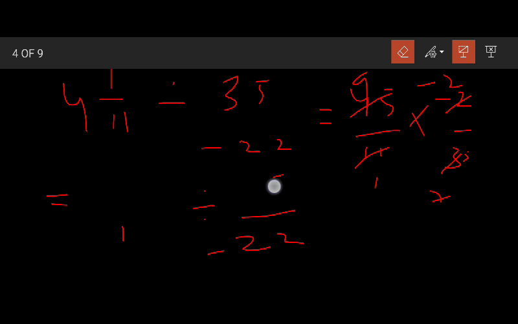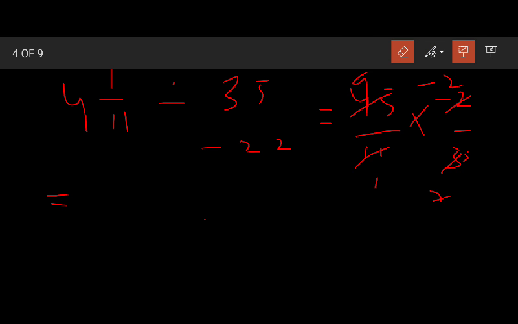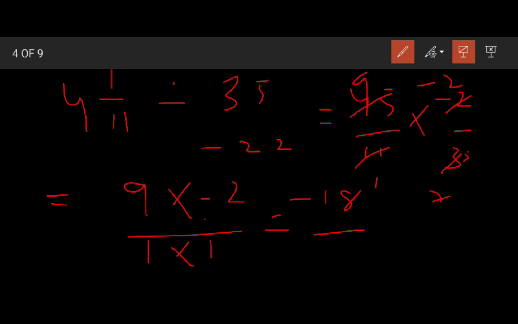Then what is it? 9 multiplied by minus 2 divided by 1 multiplied by 7. So the answer is minus 18 by 7.